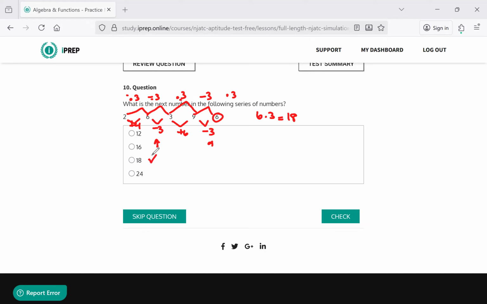So this sequence alternates between arithmetic and geometric. Okay, so that would be 18.